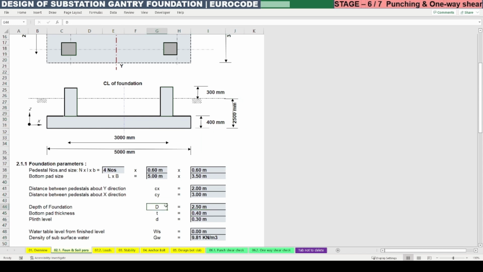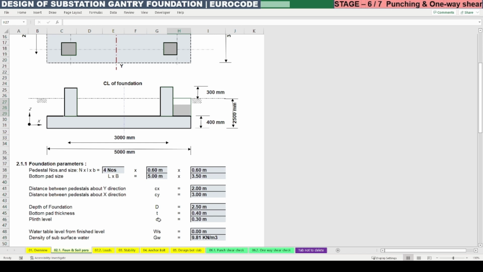So that is D. The raft thickness T we need to deduct in order to calculate only the column weight. So that T is to be deducted from the overall depth, so that we will get this depth of the column.